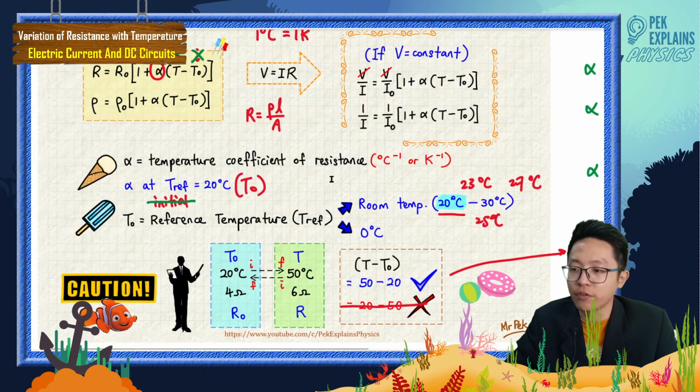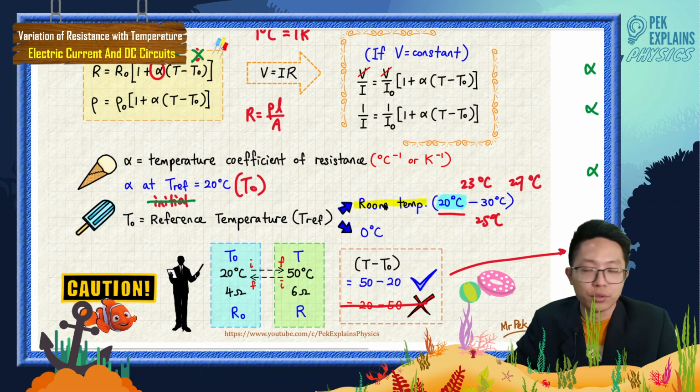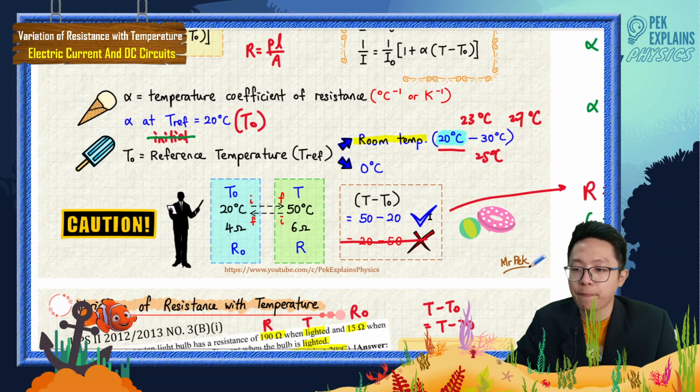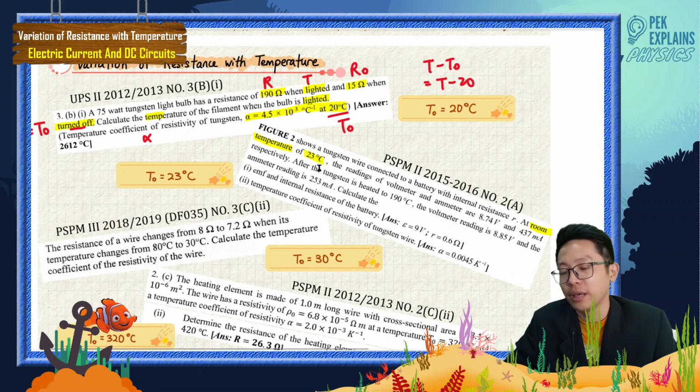The room temperature refers to the reference temperature, because 20 degrees Celsius is almost like room temperature. But this time the room temperature is 23, not 20. So again, we also accept this as T naught. Room temperature 23 degrees Celsius is T naught.